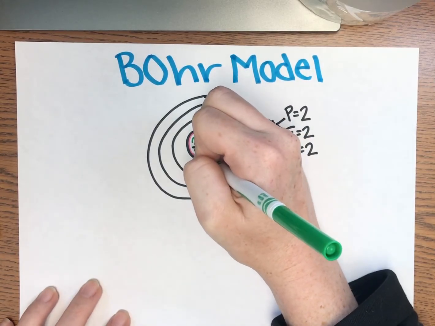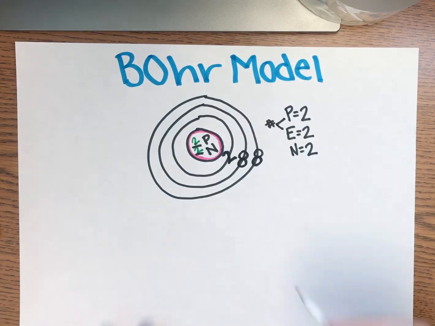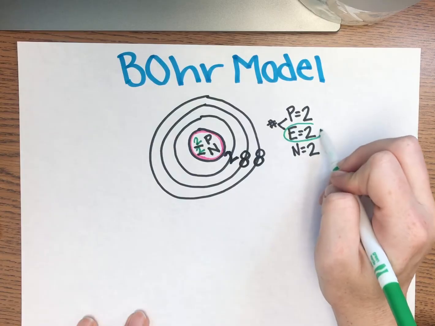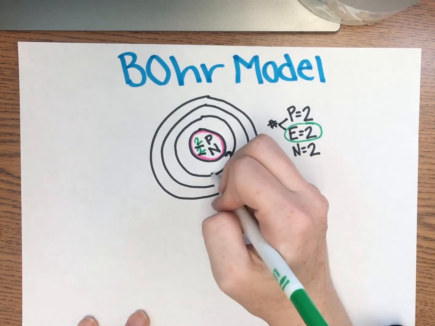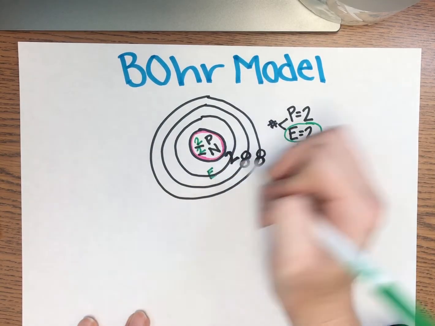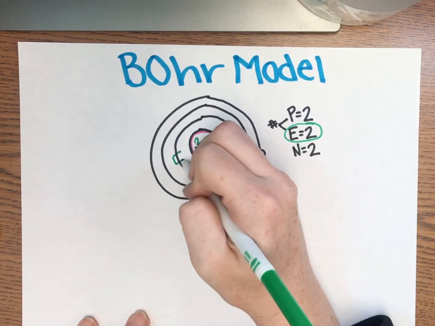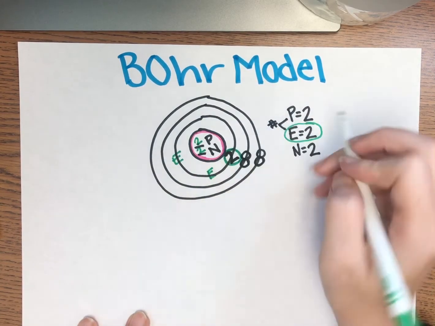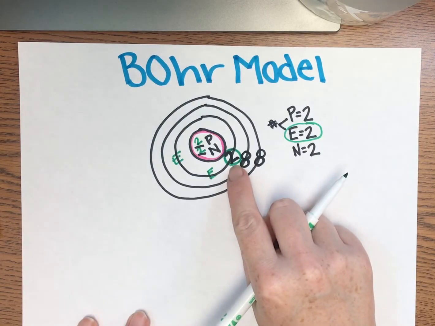And we're going to have to put our 2 neutrons. And then out here on the outside rings, we're going to have to put 2 electrons. So we would have 1 electron here, and we would have another electron on that first ring. Now that we have 2 electrons on that first ring, this ring is full.